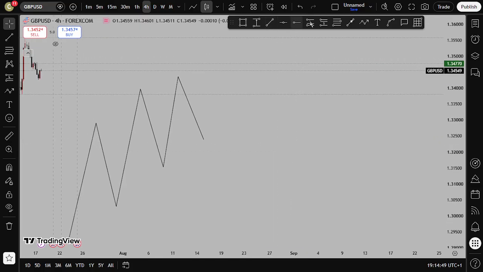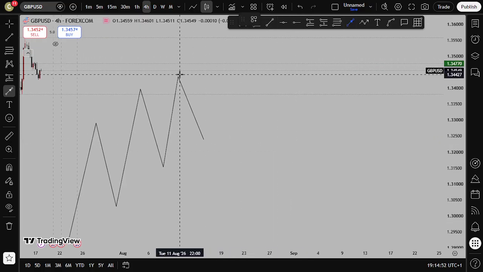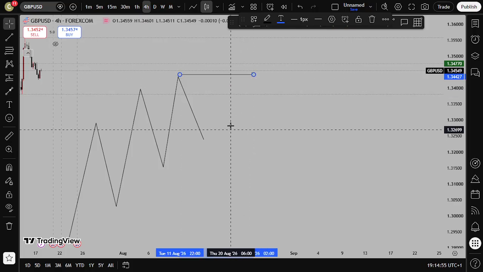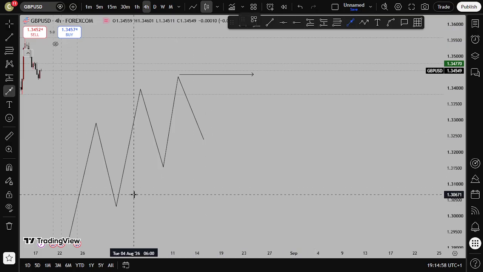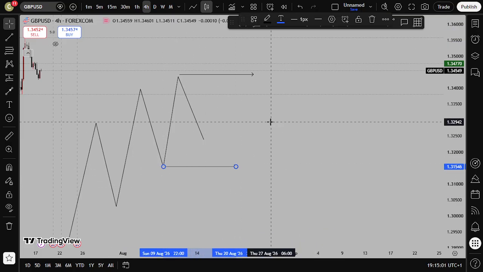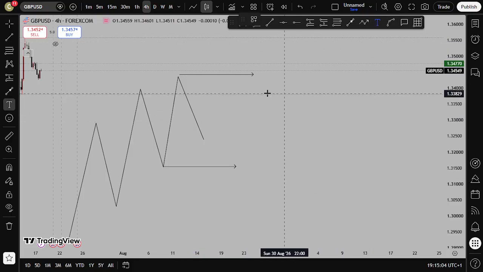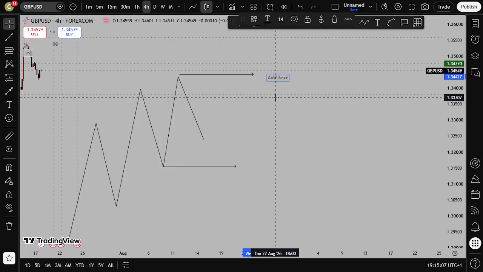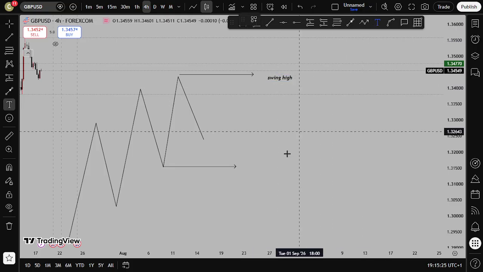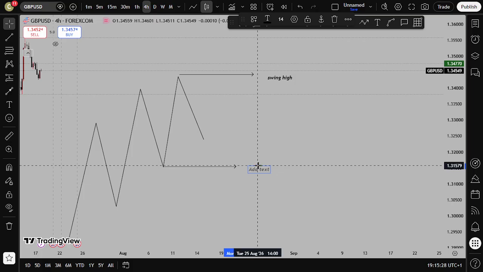So identify it. This is a swing high. Here, a swing low.